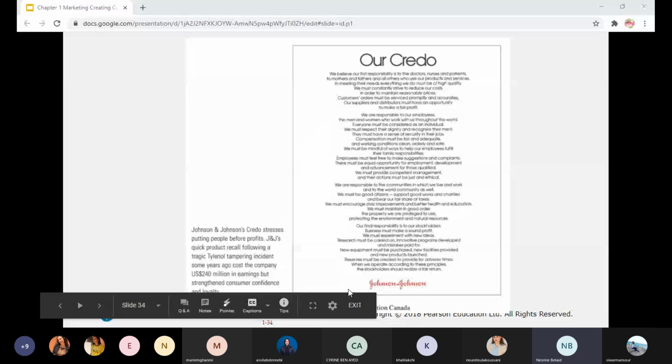Now, okay, so customer relationship management is the overall process of building and maintaining profitable customer relationships by delivering superior customer value and satisfaction.